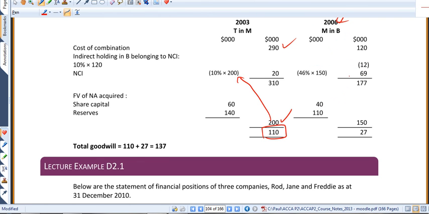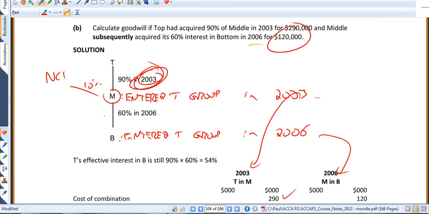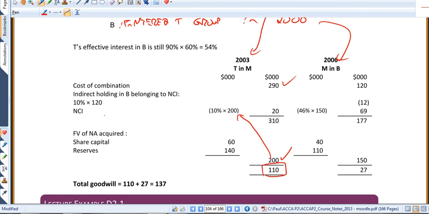When middle bought bottom, middle actually paid 120,000. But again, don't forget that there is some NCI in middle of 10%. If middle is raising that money from its shareholders, the NCI would be asked to contribute 10% of that 120,000.